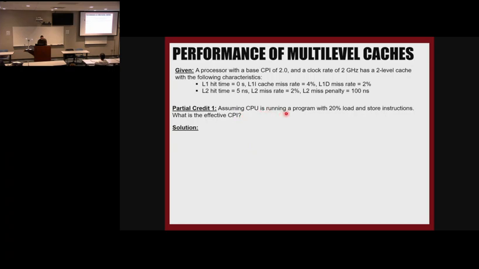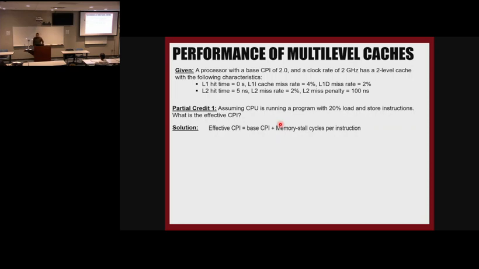Assuming the CPU is running a program with 20% load and store instructions, what is the effective CPI? Effective CPI, we had this relation last session, is equal to the base CPI plus memory stall cycles per instruction.